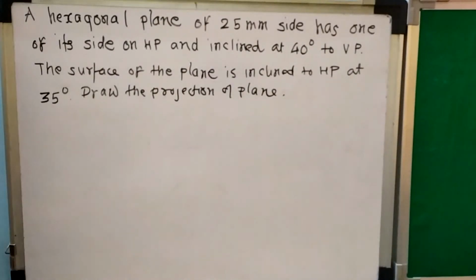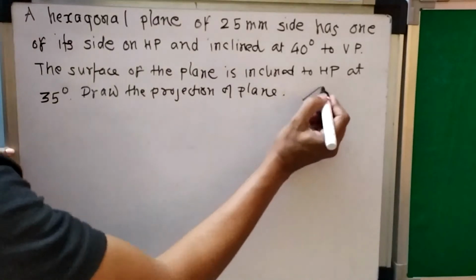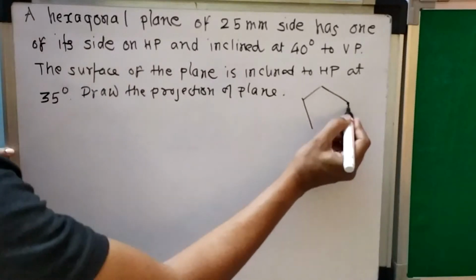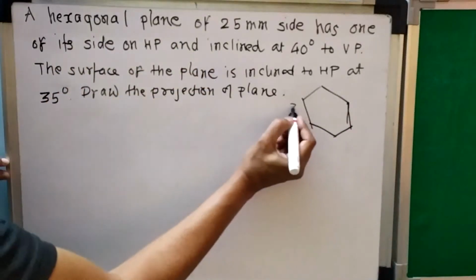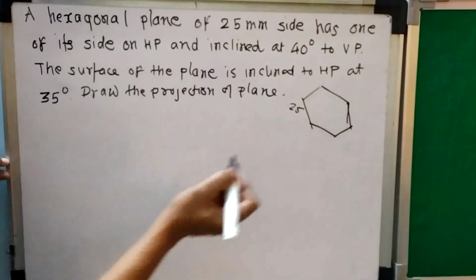Let's consider the second problem of the drawing sheet. A hexagonal plane, 25 mm side, has one of its sides on HP. So this is the hexagon. Each side is 25 mm.